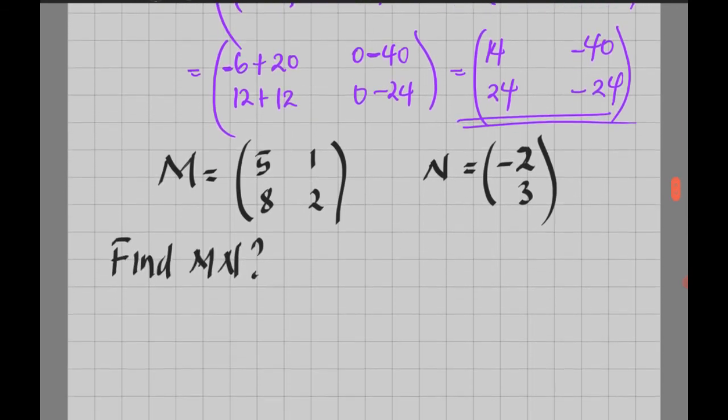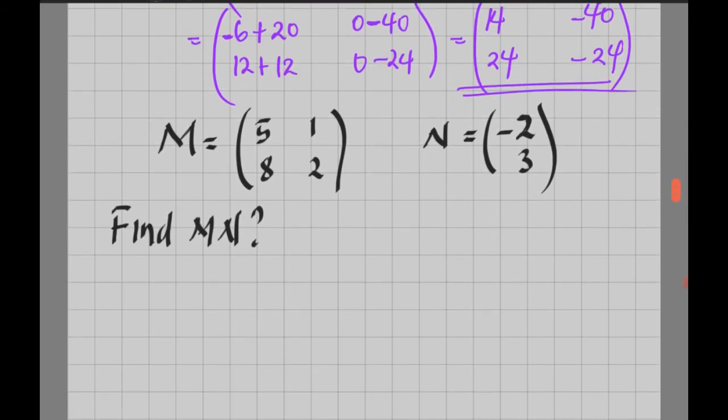So let's move on to the second example. We have M and N. M is a 2 by 2 matrix, and N is a 2 by 1 matrix. So they've got the same number of columns in the first matrix as the number of rows in the second matrix. So we are able to multiply this. But the product will be a 2 by 1 matrix.